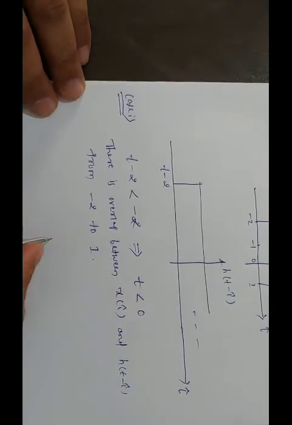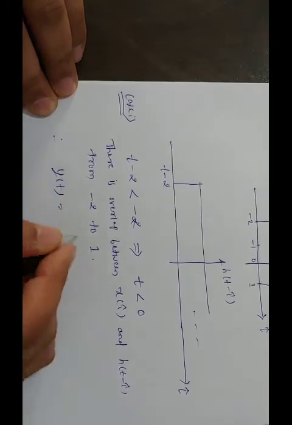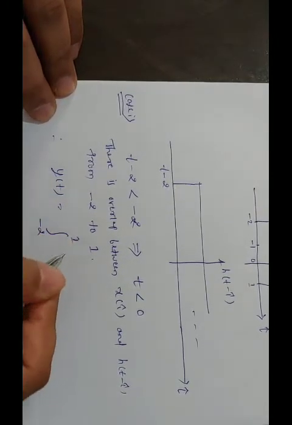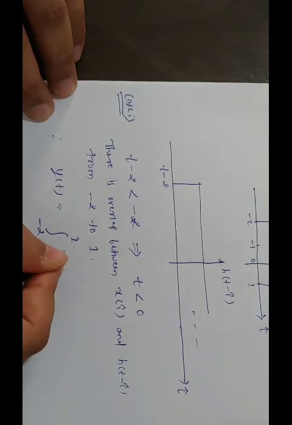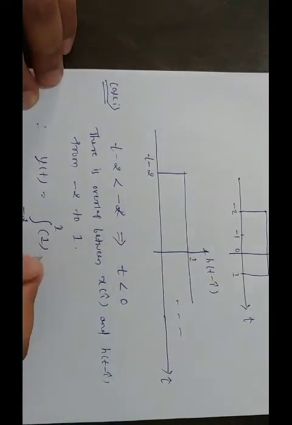Therefore y of t equals the integral from minus 2 to 1. The amplitude of x of tau is 1, and h is also a unit step function with amplitude 1.